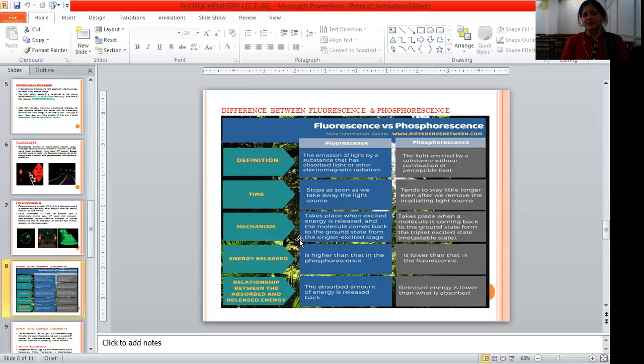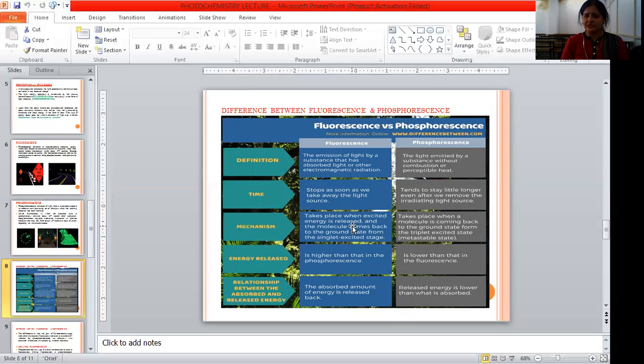The difference between fluorescence and phosphorescence is that fluorescence can be immediate. It takes place only when the source of radiation is there. Whereas phosphorescence can take place even when we cut off the source of radiation. In fluorescence, the mechanism is that the molecules from the ground state go to the singlet excited state and come back again.